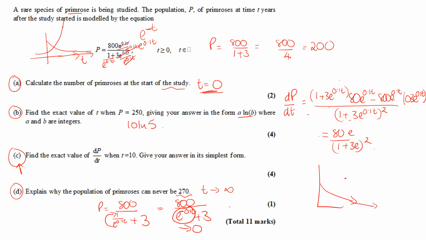So as t tends towards infinity, this is just going to be 800 over 3, which comes to 266. So in actual fact, the population is not going to go bigger than 266, and 266 is below the 270. That is just one mark, a little trick there to divide through by e to the 0.1t.